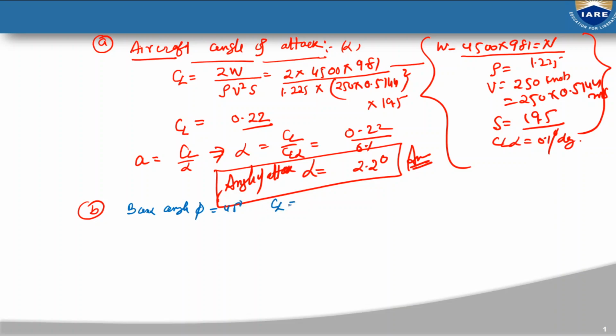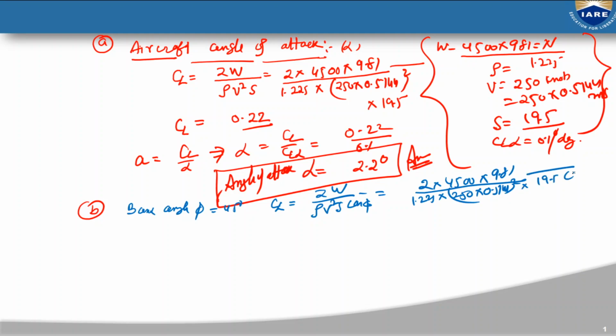So again, CL is equal to 2W divided by rho V square S cos phi: 2 into 4500 into 9.81 divided by 1.225, 250 into 0.5144 whole square, into area 19.5, cos of 45 degrees. So we will get CL equal to 0.31.